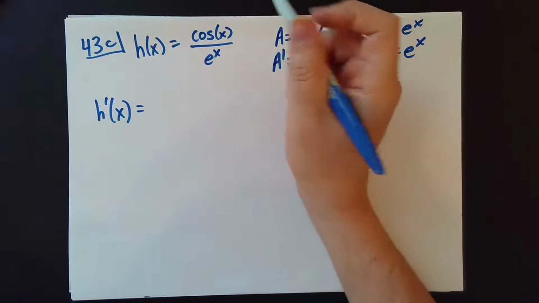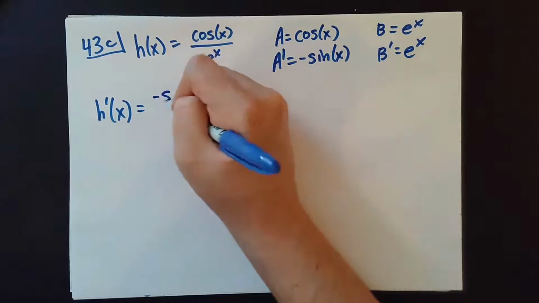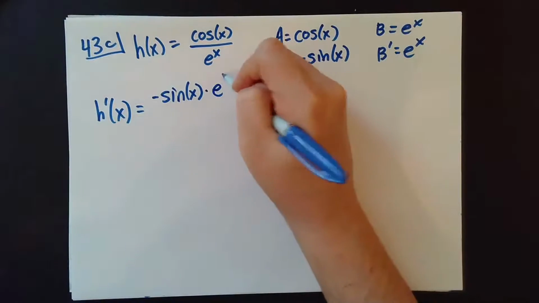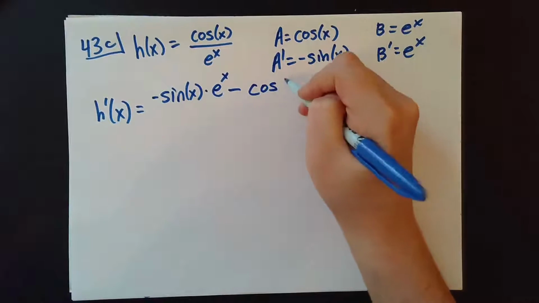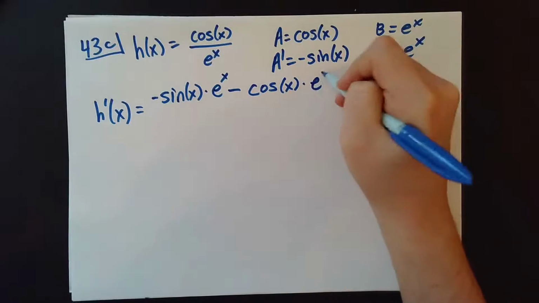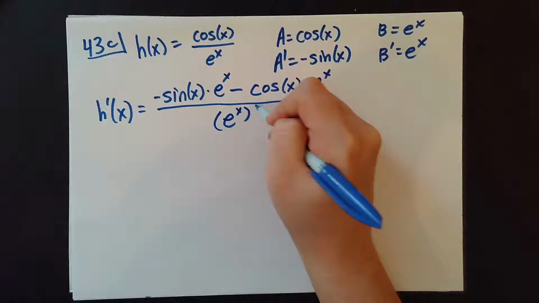Because of that, we have the derivative here is minus sine of x times e to the x minus cosine of x times e to the x, all divided by e to the x squared.